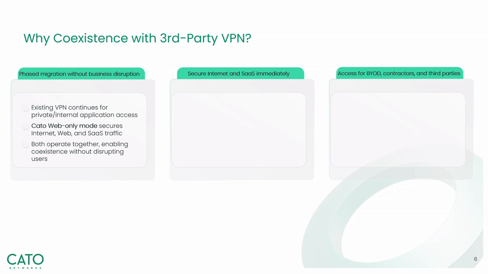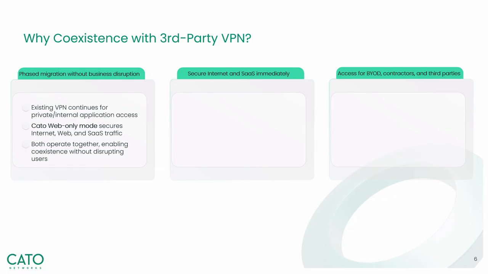So think of this scenario. They still use their VPN to connect to their private applications, but with the Cato web-only mode. Cato works in two different modes, which I'll talk about in the next slide. But for this, the Cato web-only mode enables them for internet, web, or SaaS security without any disruption.